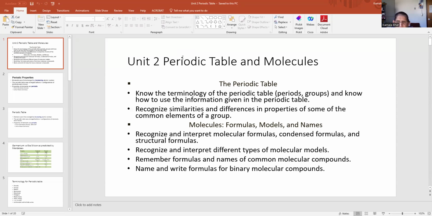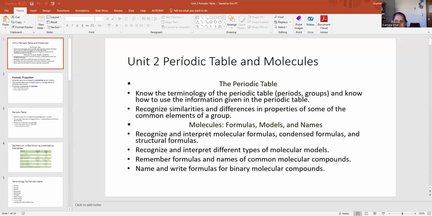We recognize the similarities and differences in properties of some of the common elements of the group, and followed by molecules, wherein we are going to do molecular compounds, and we will write the formulas, names, and models.